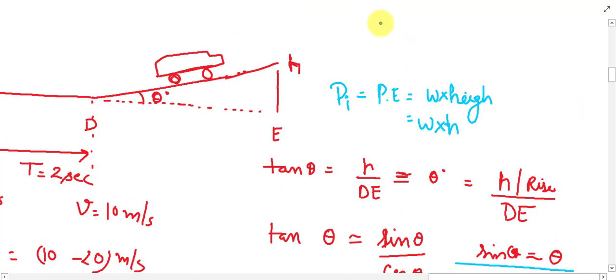So Pi is equal to W h, which is equal to W sine theta, which is equal to W theta.